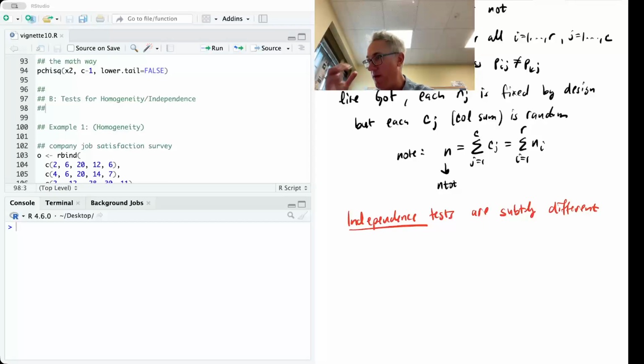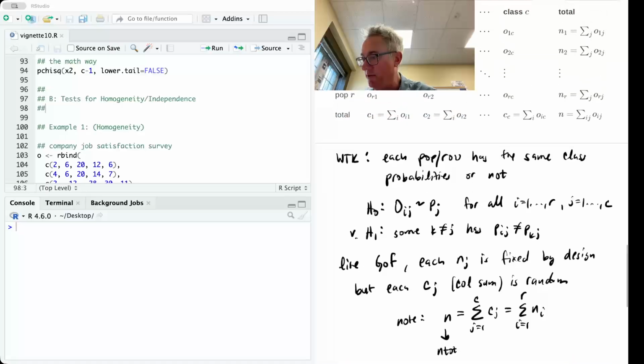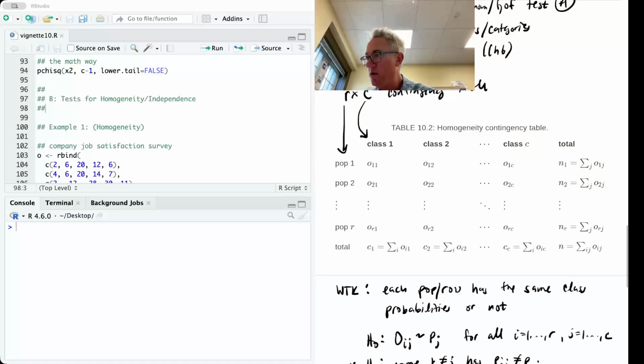In an independence test, we have a very similar table. So I'm going to go back to the table here, but we don't have different populations. We have kind of a column class and a row class.